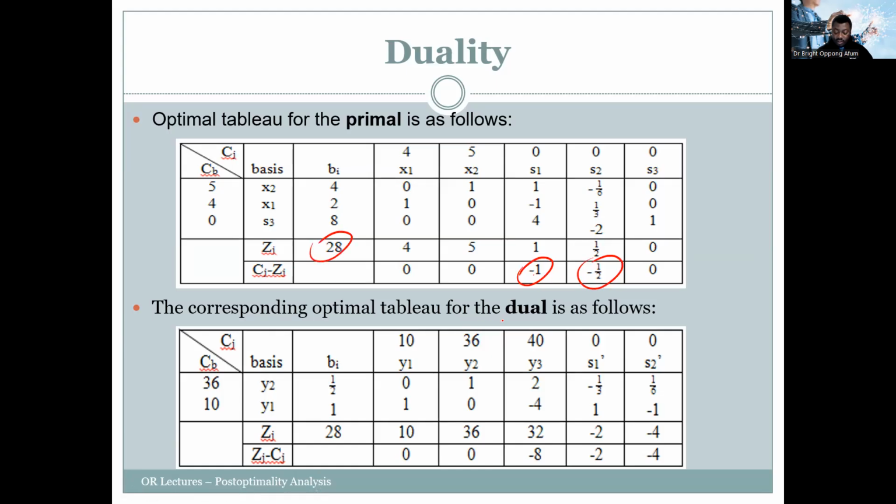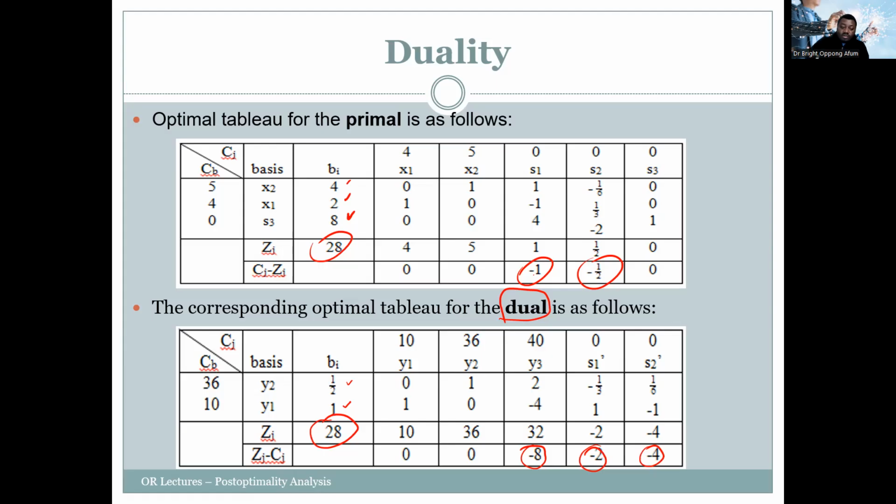Then when you solve the dual problem, the optimal solution is still z equal to 28, right? However, you see the 1 and the half coming into the solution, and the 8, 2, and 4 are actually the marginal values here.